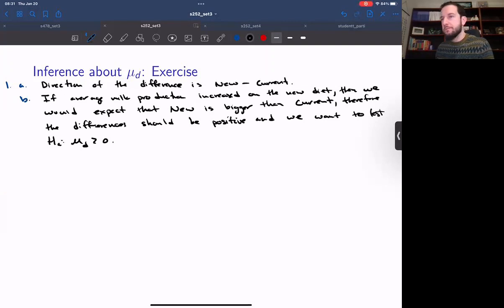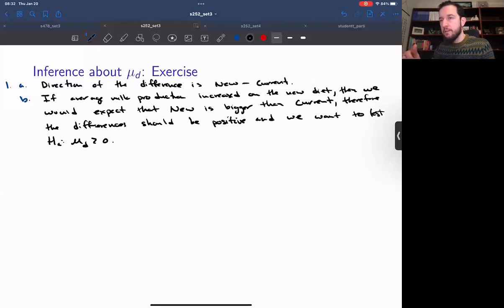All right, so I had mentioned before that the trickiest part is recognizing the paired structure and setting up the differences. That's true, but this is also a little bit tricky in some situations. So we want to test if milk production increases on the new diet. If milk production increases on the new diet, that would mean that the values in the table for new should be bigger on average than the values with current.